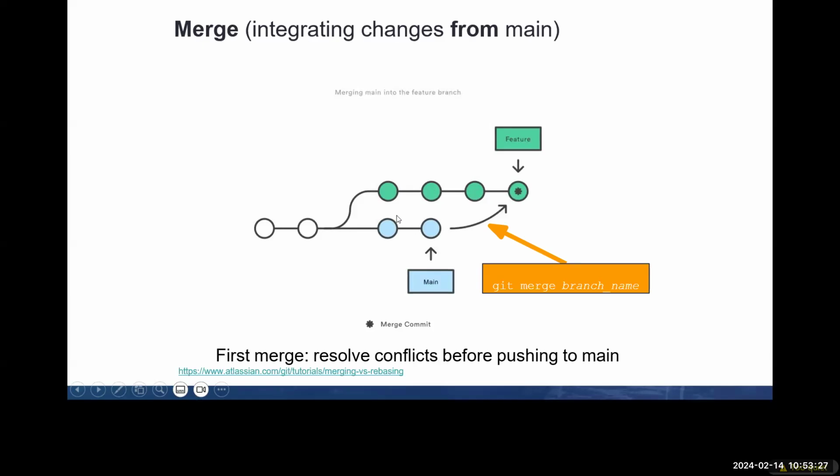If you want to integrate changes from main, we are getting the code from the main and adding it to the feature branch. So here, git merge branch name. Here we are merging into the branch from the main. The first merge will resolve conflicts before pushing to main.